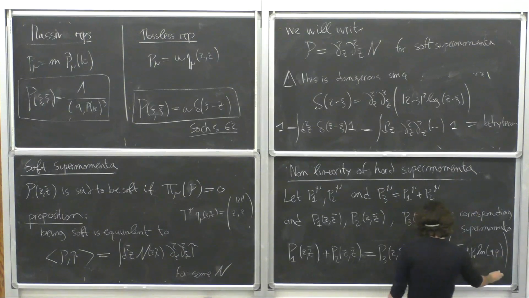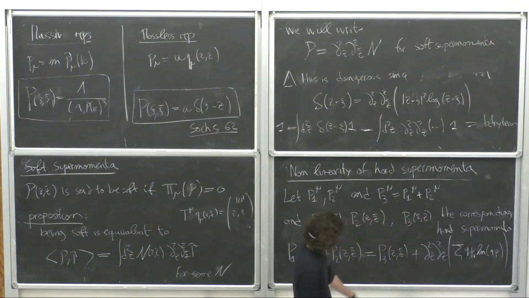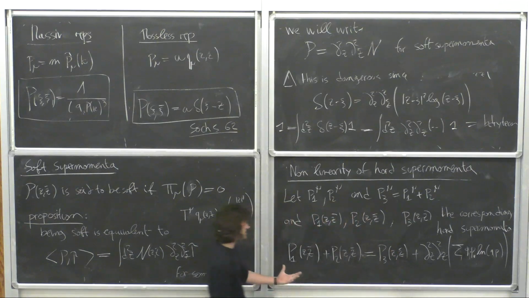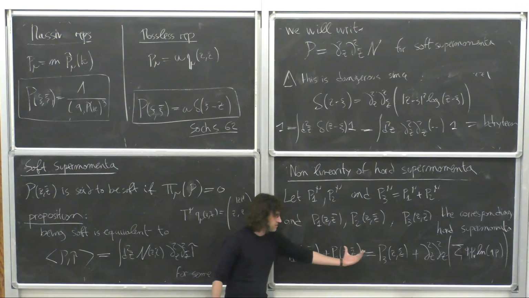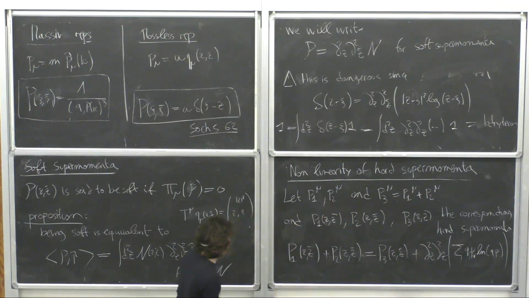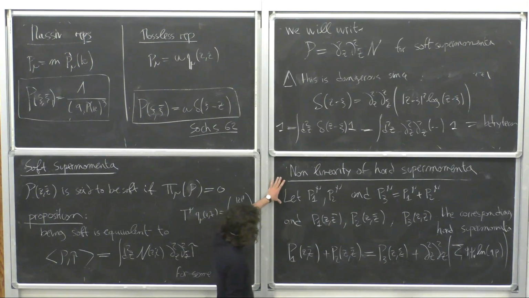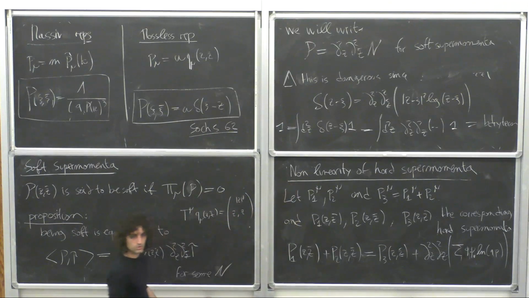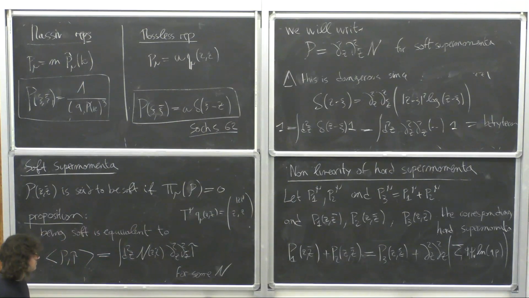And surprisingly or unsurprisingly, depending on your intuition, the term that you need to add to compensate the addition of out supermomenta is essentially the soft factor. So I think that's an important point. This is what tells you that looking for a BMS representation is not an obvious fact.